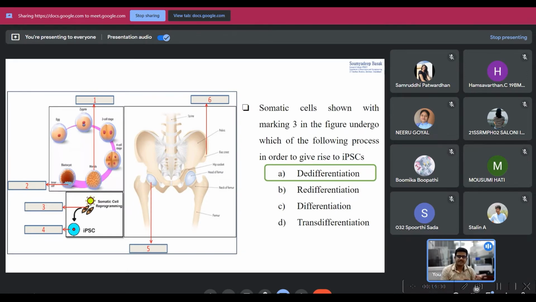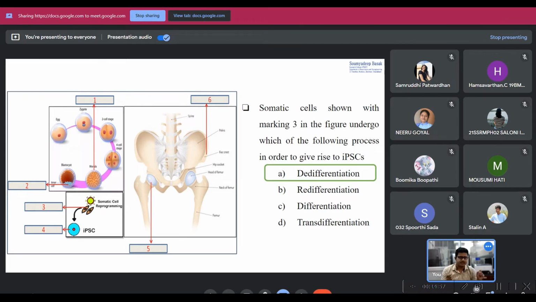Whenever a somatic cell is turned back so that its differentiation potential is getting higher. As I said, as the cell is dividing, its differentiation potential is getting narrower, towards multipotent, then unipotent, and towards the fixed kind of cells. So a somatic cell is at the end of its developmental period.